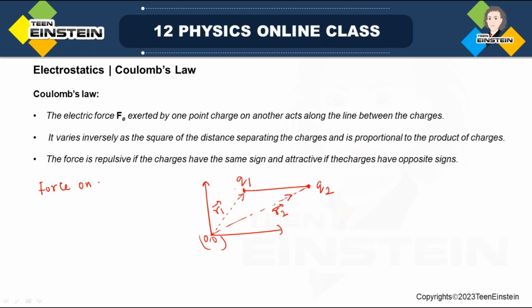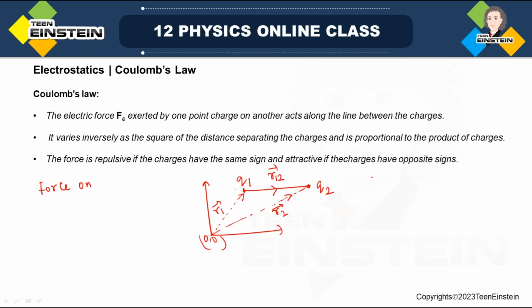So by the way, what is this position vector? Let us say this is R12. If this is R12 vector, I can take the direction for the time being as this.